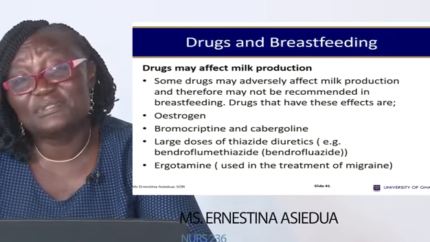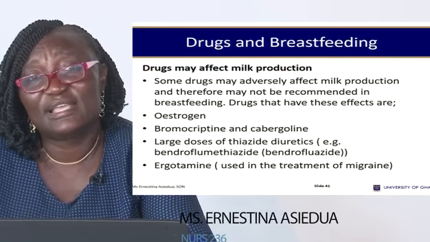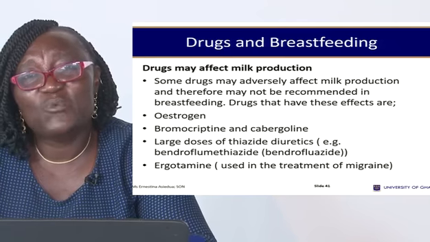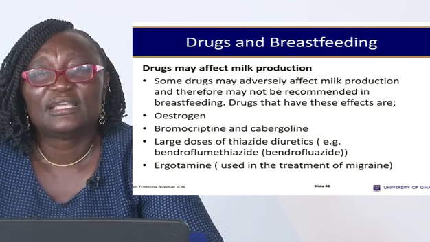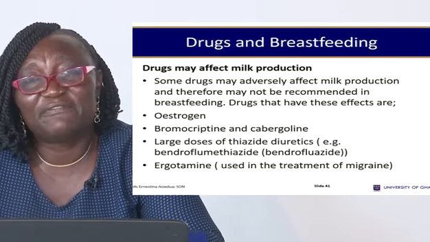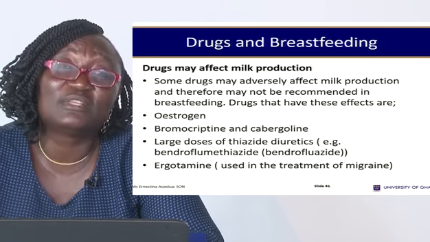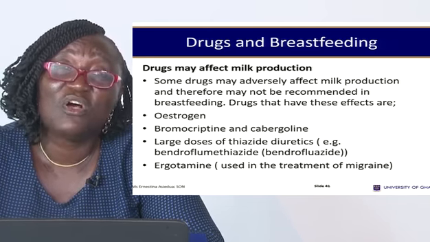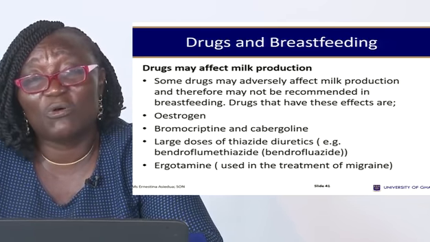So when prolactin comes in, estrogen and progesterone must go away before we can establish lactation. Anytime we have estrogen in very high production, these drugs may affect milk production. Any drug that has a very high estrogen concentration also affects lactation. It can even stop lactation completely.